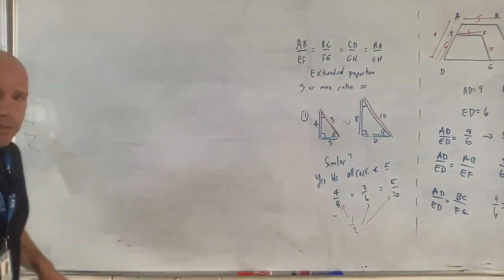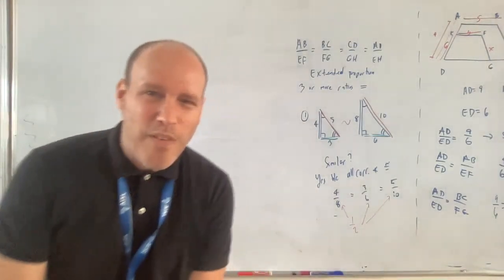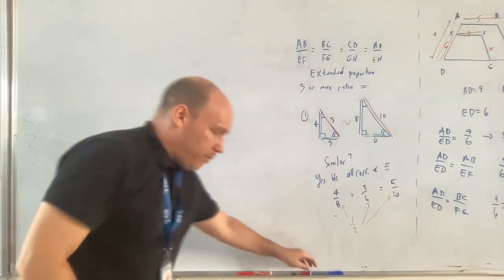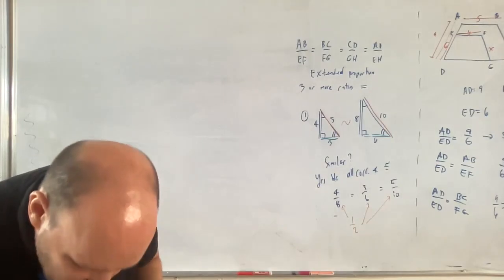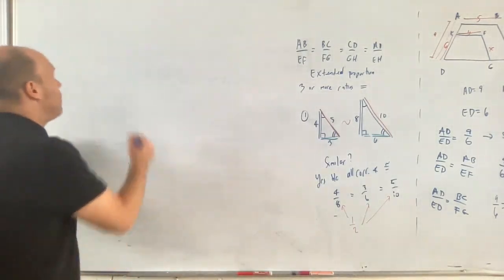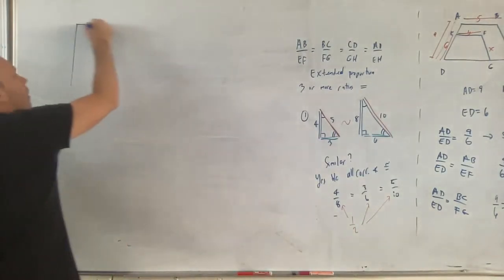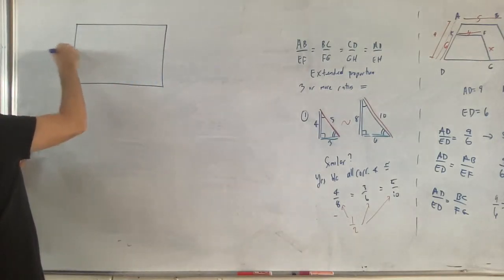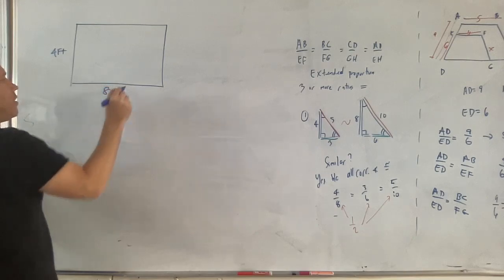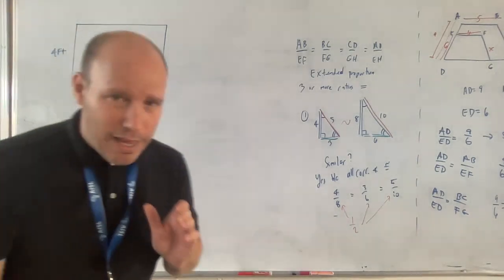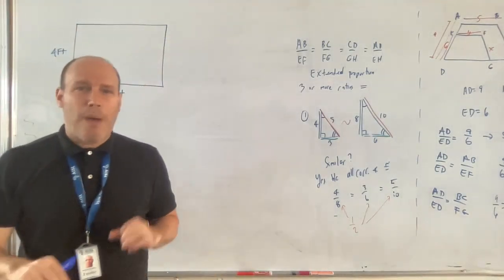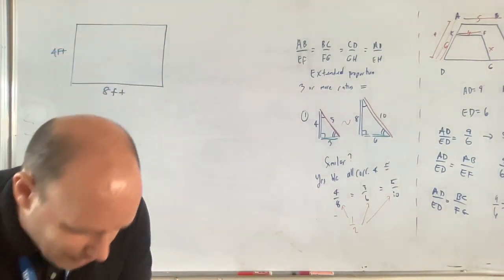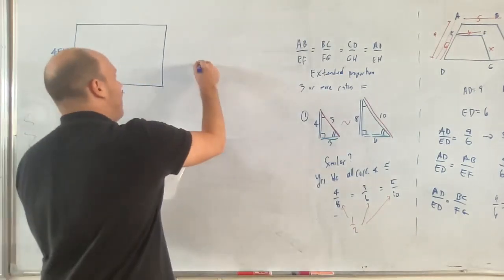Imagine in school, we have a big wall, a big mural, and the wall is 4 feet by 8 feet. This is the mural. We're going to take a poster that is 6 inches by 10 inches.